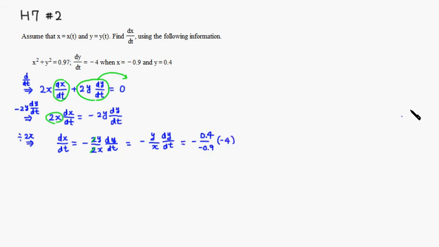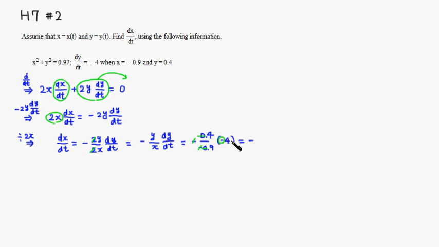We can cancel the negative sign here and the negative sign there. Then I'm going to multiply top and bottom by 10, so that 0.4 becomes 4 and 0.9 becomes 9. We still have a negative sign here, so it's going to be negative.